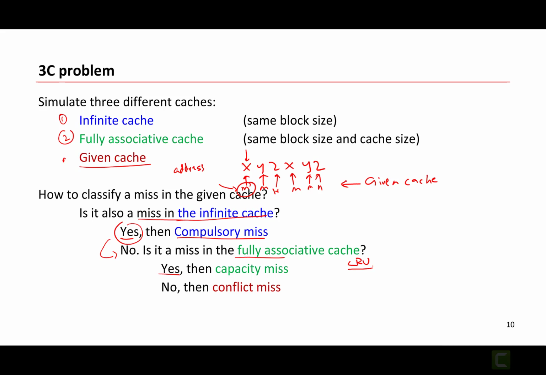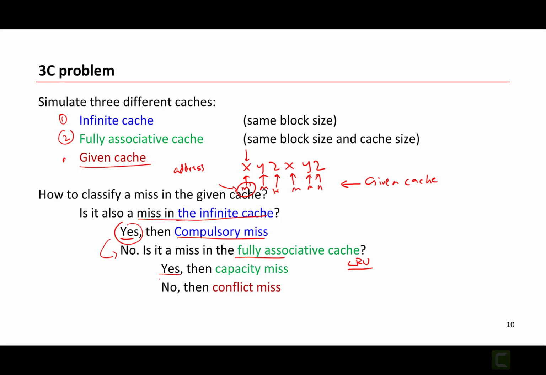That's a fair assumption for the common case, because you're assuming an idealistic situation with respect to associativity. So you can say that the reason I got a miss is really because of lack of space, not necessarily because I had a poor replacement policy.